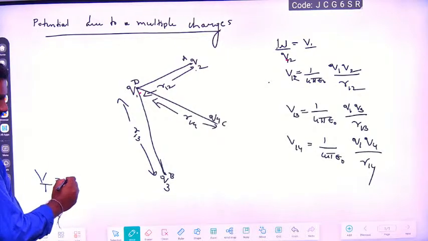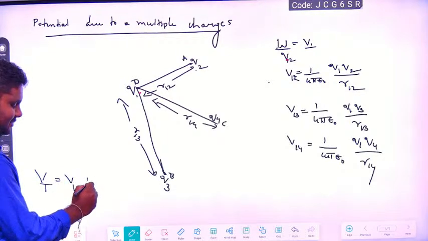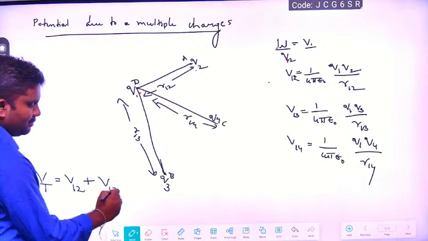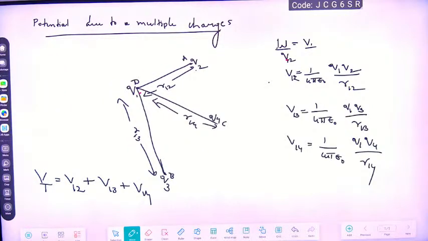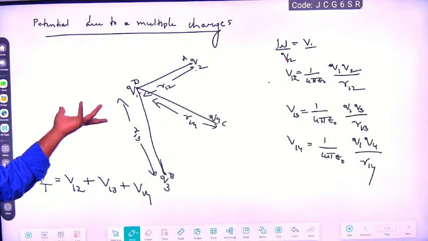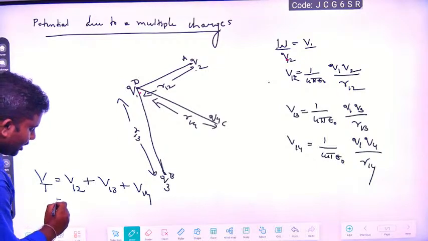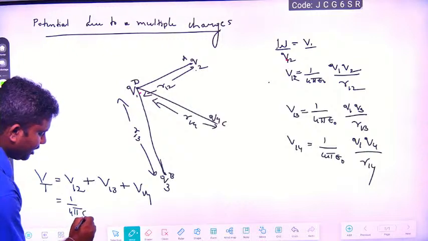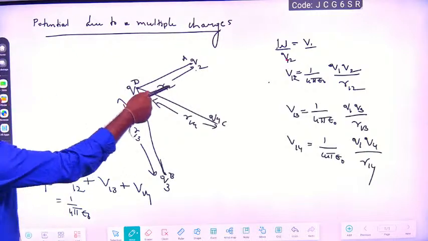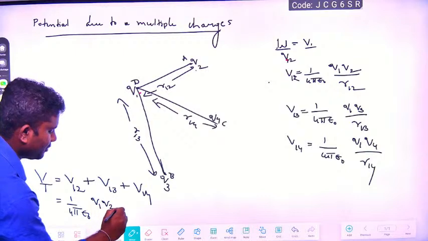V total is V12 plus V13 plus V14. Potential is a scalar. There is no direction. Correct, right? Now V12 is what? 1 by 4 pi epsilon naught, which is common, I will take outside. So it is Q1 Q2 divided by R12.